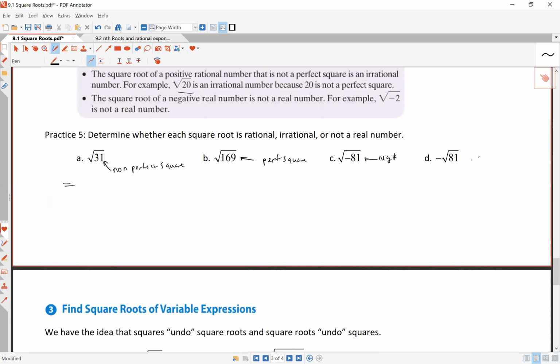And letter D, we have a negative on the outside of the radical, and then you have a perfect square underneath. So this problem is for you to try. I encourage you to label these as to what you think they are, and then come back when you're ready to see the solution.